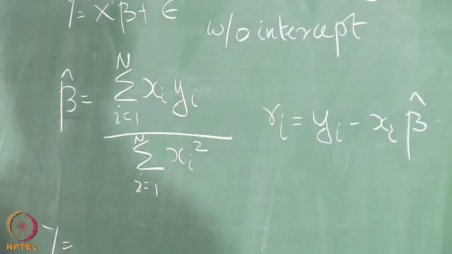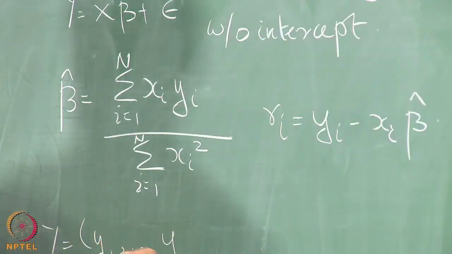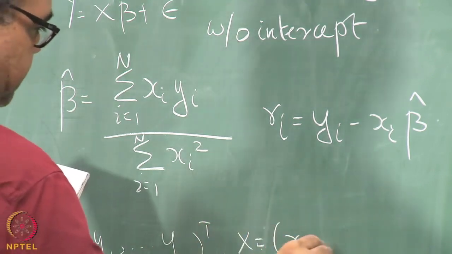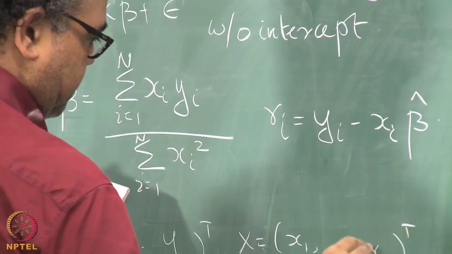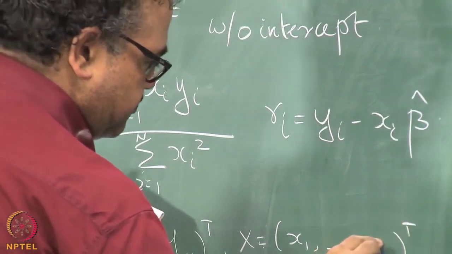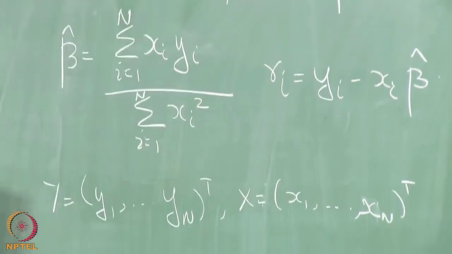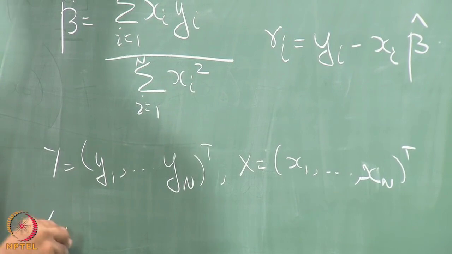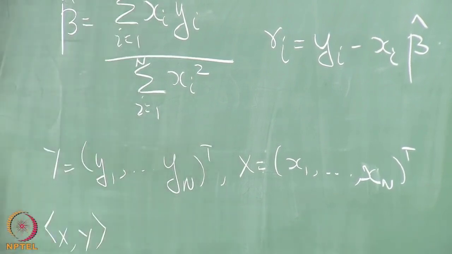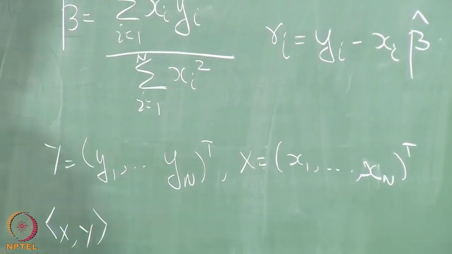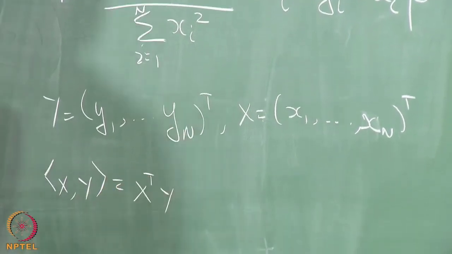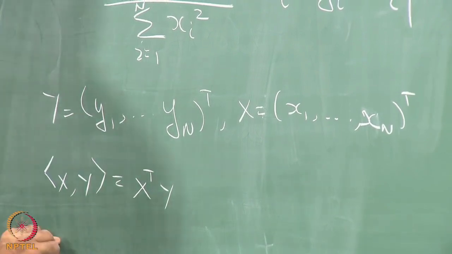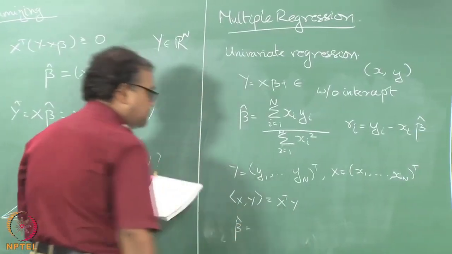And as before I am going to define the inner product. I hope people are familiar with the inner product notation of this form. Now can you tell me what beta hat should be in the inner product notation?